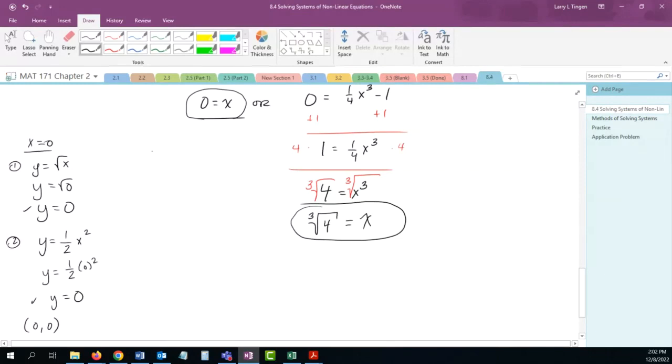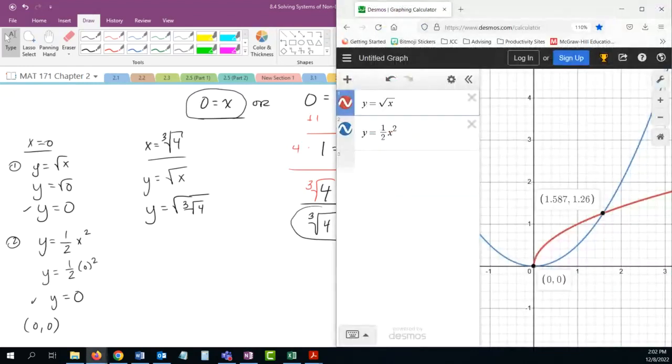Okay. What about my other answer? My answer here is the cube root of 4. So y is equal to the square root of x. Well, x is the cube root of 4. So now I'm taking the square root of a cube root. This is where I'm just going to bring in some calculation and give myself a decimal answer.